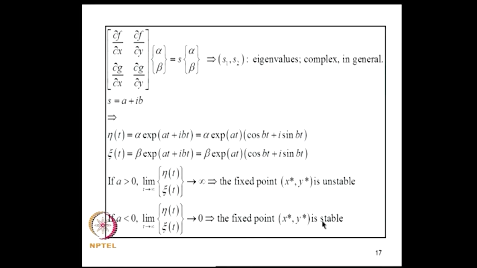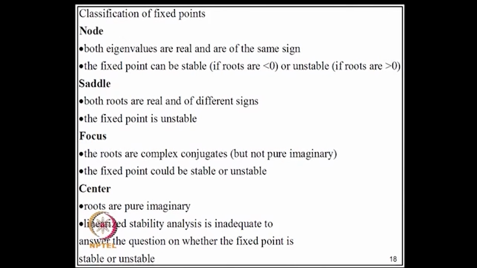Now, depending on the nature of these eigen solutions, we have different nomenclatures for the fixed point. We say that the fixed point is a node if both eigenvalues are real and are of the same sign. They can be positive or negative, but both should be real.